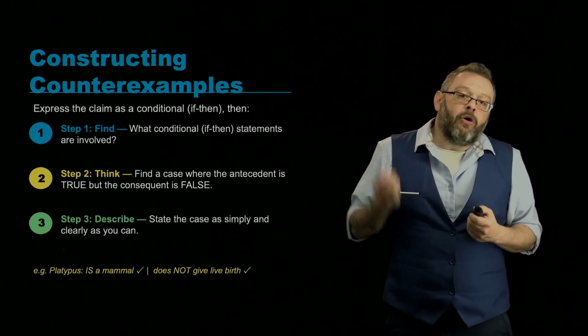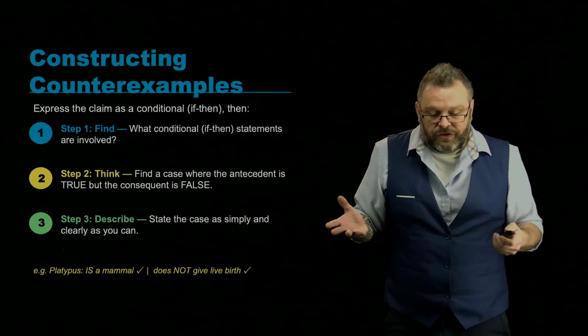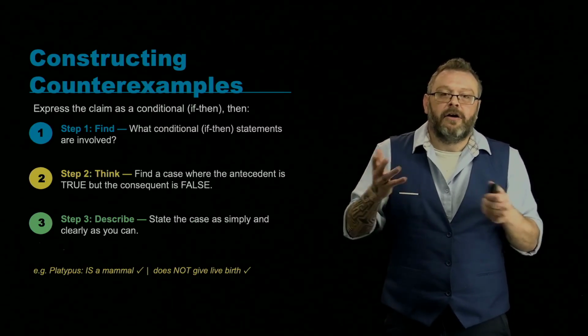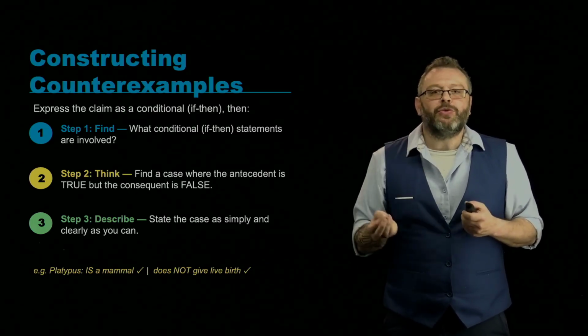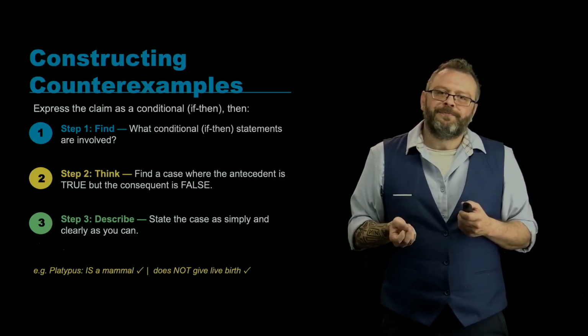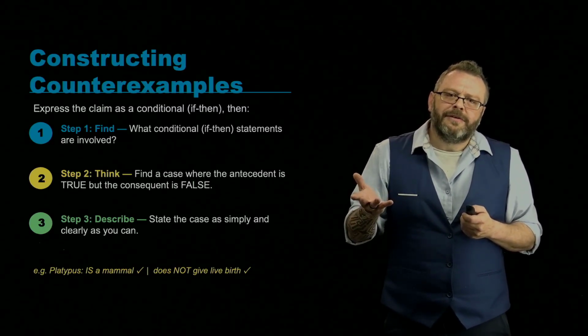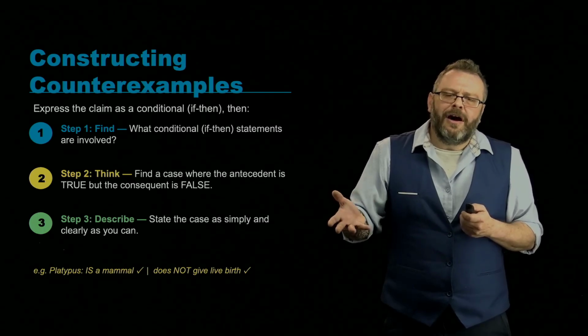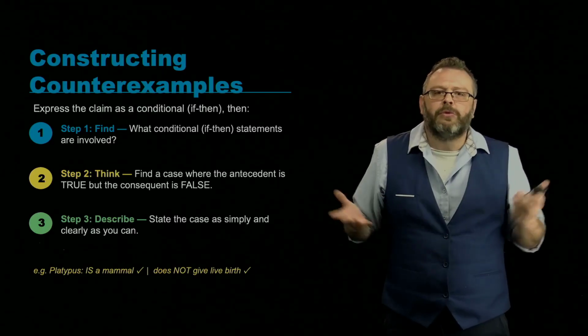You kind of already know how to do this. I mentioned this before, but this is my favorite sort of conditional to give as an example. If I shoot you, then you'll die. Is that a true statement? Think about it. No, right? You could get shot in the hand or the foot, or the bullet could graze you or whatever.